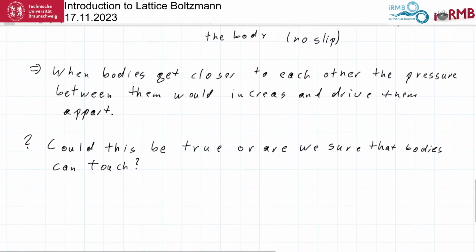So my favorite counterexample to this is if you observe a raindrop. Here you can actually observe that the raindrop will finally touch the ocean. How do we know? We know because the two merge.